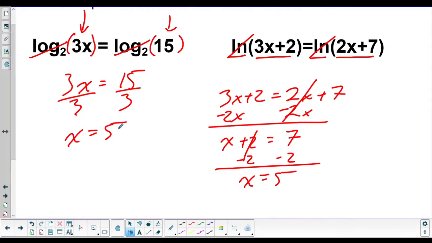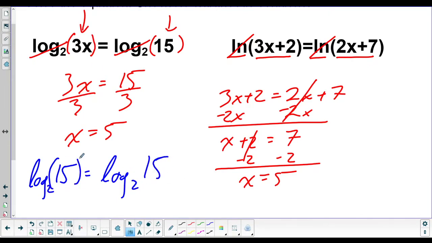If I plug this back in, we get log base 2 of 3 times 5, which is 15, equals log base 2 of 15. This is true, and the argument is a positive number. So this is okay. This works.